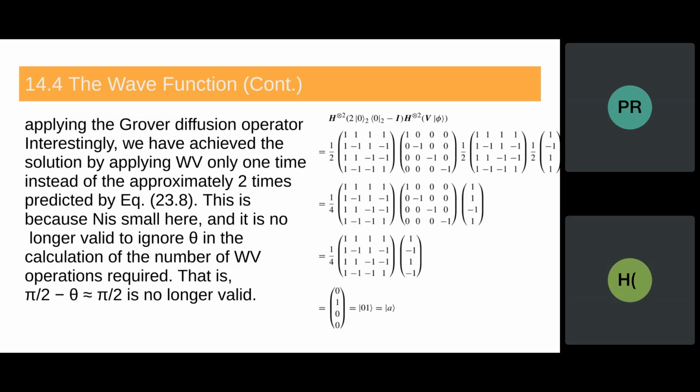This is for a 2 qubit case with a 4 by 4 matrix. You can see that the whole matrix operation looks complex, but at the same time it's simply doing the amplification on the target of the search, which is the string 0 1, out of the four binary inputs which are mapped, and only two finally we get, and those two is nothing but 0 1 in this case.